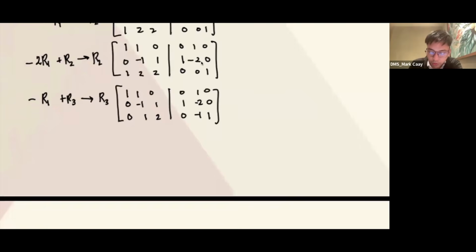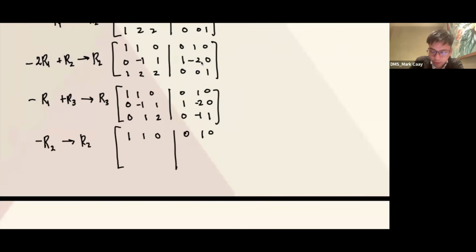Also, you notice that R2 starts with negative 1, so I'm going to multiply R2 by negative 1 to get my new R2. Is that right?